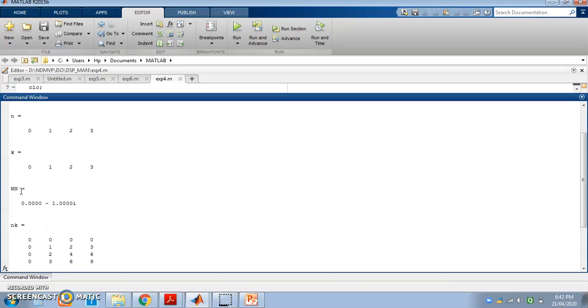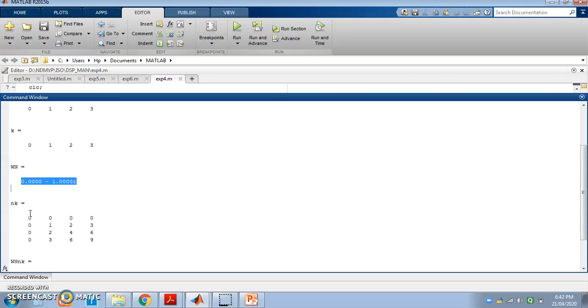It is showing me that it is a complex exponent, that is w suffix n is simply raised to minus j 2 pi upon capital N. If you solve it for n equal to 4, it is simply an imaginary number, that is minus j. And if I consider n transpose into k, it is just the index, that is first row, first column is 0, rest of the things we know from the theory.